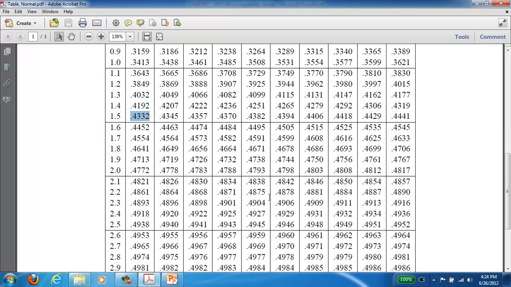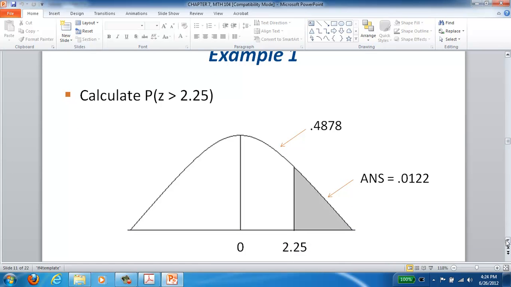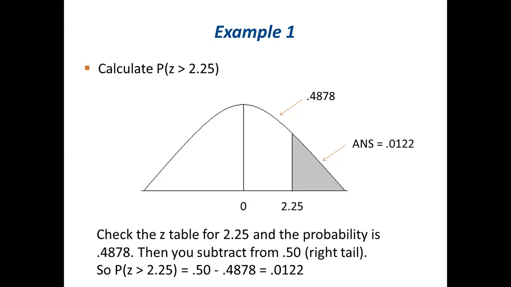For 2.25 the probability will be 0.4878. But because we have a tail, greater than 2.25, we have to subtract from 0.5. So the answer is 0.0122.